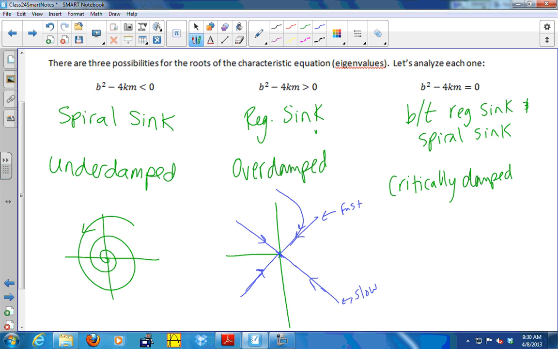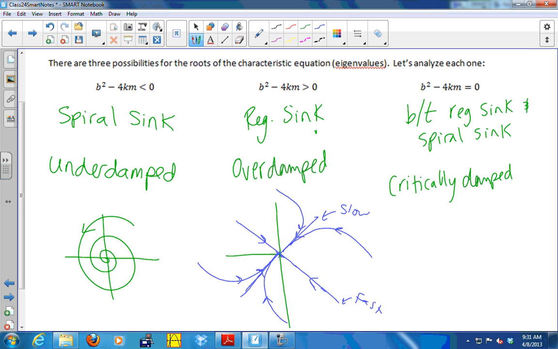Okay, so parallel to the fast one, tangent to the slow one. Like that.